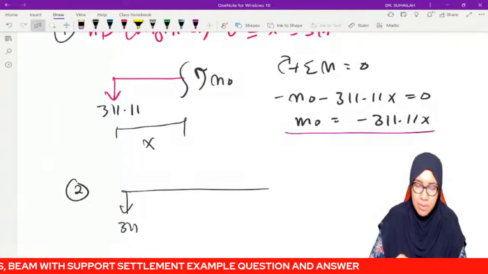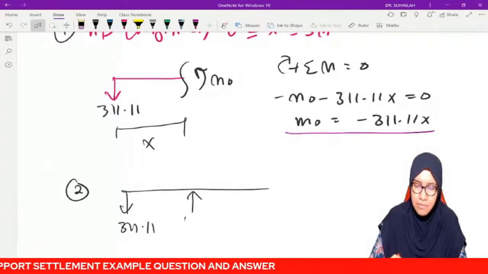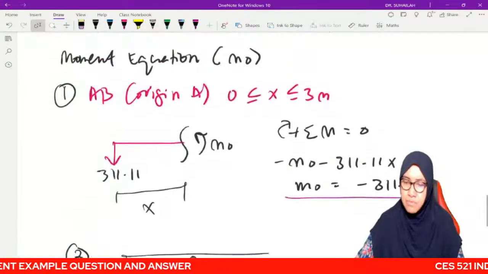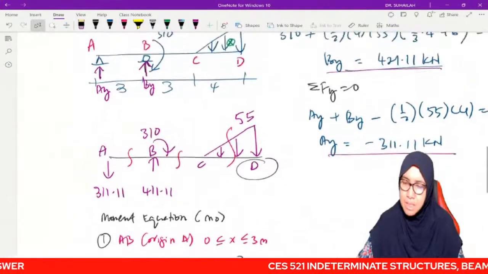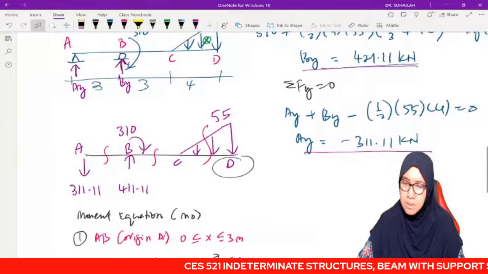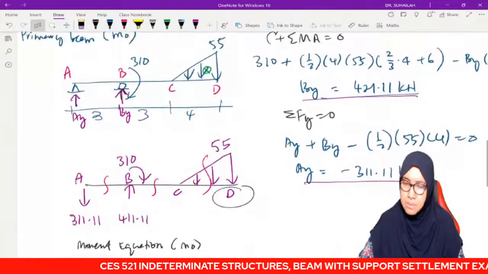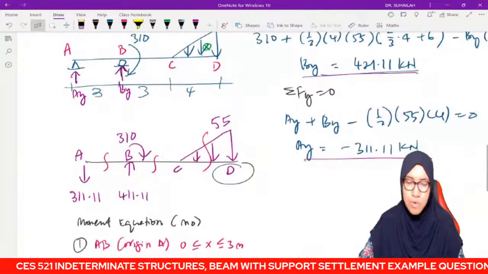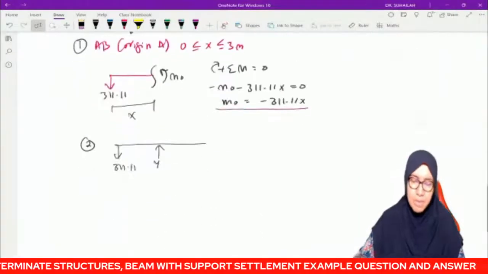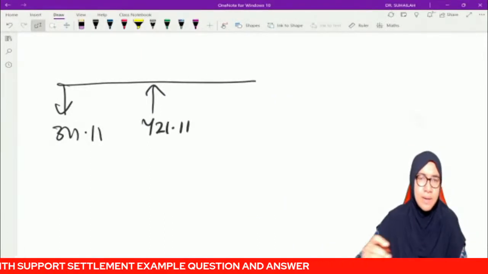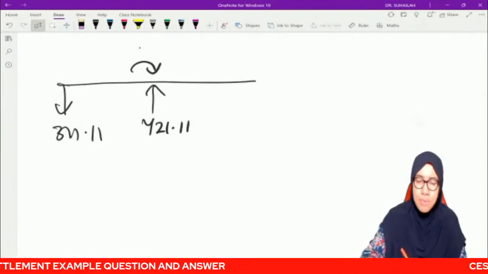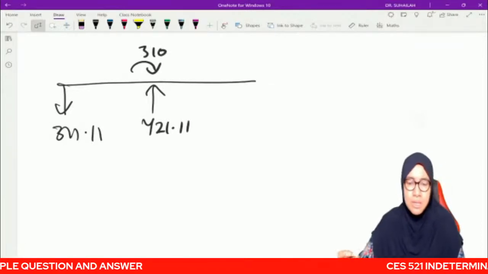We have 311.11, and we have 421.11. Here is 421.11. There is moment 310.